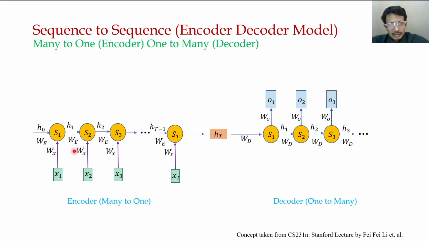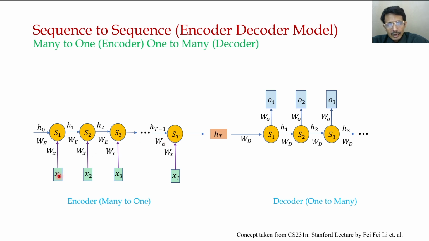And as usual, as per our initial understanding, these input weights are shared, and this WE is basically the hidden state weight parameters. We put E for encoder, and this has also been shared.